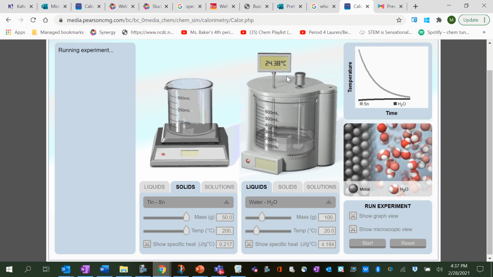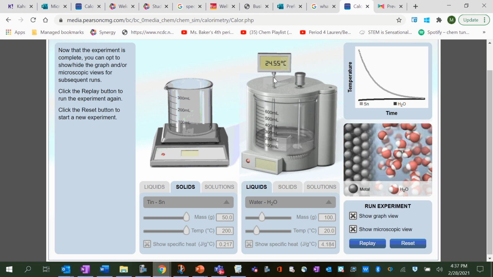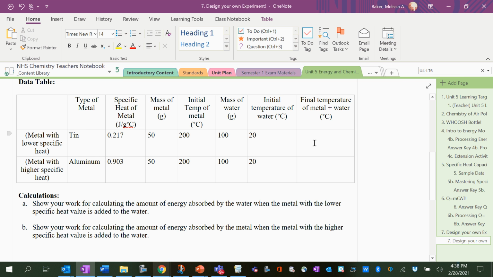So the water started at 20. We're really interested in seeing the final temperature, what the temperature increases to, 24.55. So the tin went down from 200 to 24.55, while the water went up in temperature from 20 to 24.55.